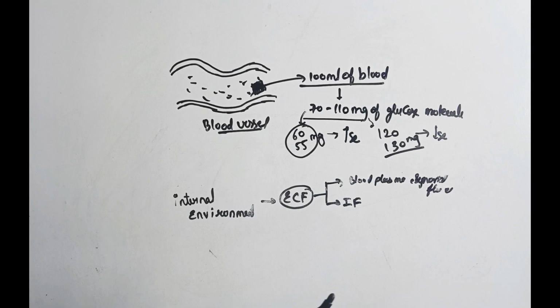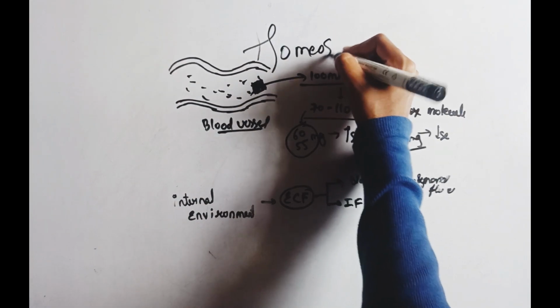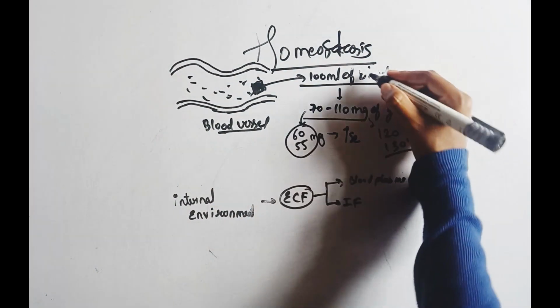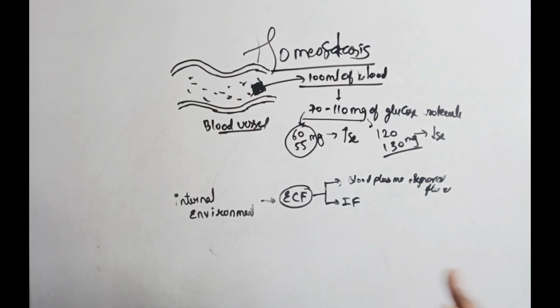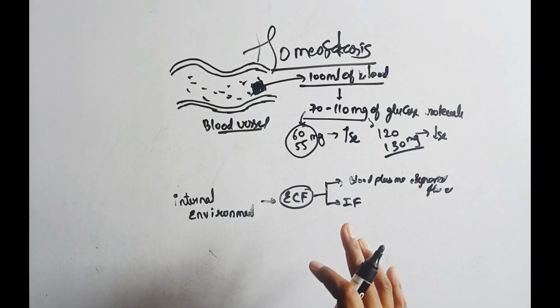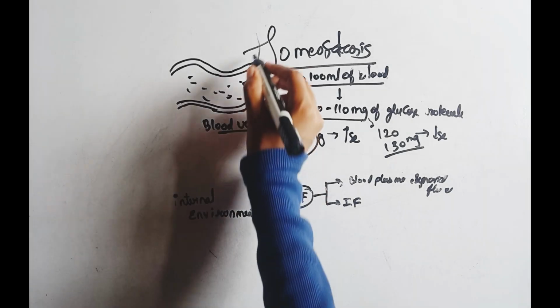This process is called homeostasis, because the internal environment changes with increasing or decreasing glucose, and the body brings it back to normal, maintaining relatively stable conditions in the internal environment.